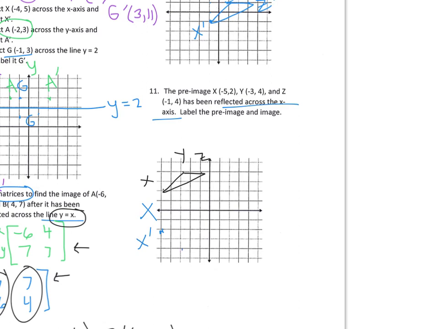Negative 3, negative 4 is Y prime. And then negative 1, negative 4 is Z prime. Like that. So if I drew it nicer, this triangle would be the exact same shape and the exact same size because it's an isometry.